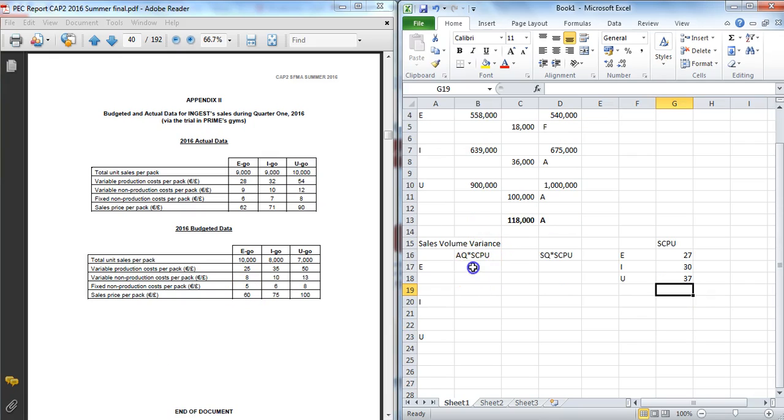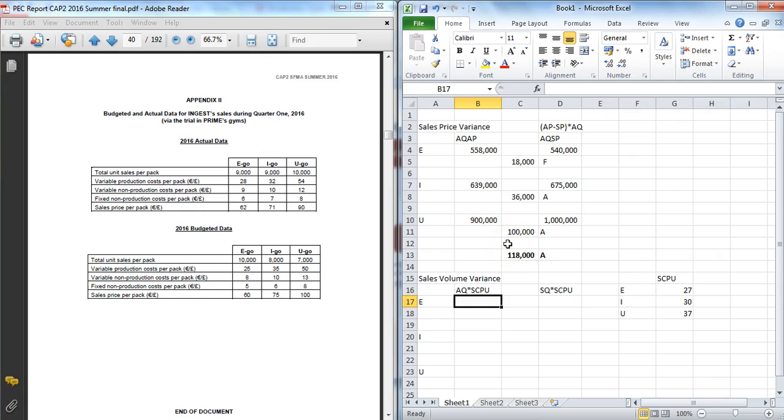Now, as I said, it's a very mechanical approach again. You take the actual quantity sold. For EGO, it was 9,000 units actually sold times 27, minus the standard quantity of 10,000 units times 27. So 9,000 actual sold, 10,000 expected to be sold.